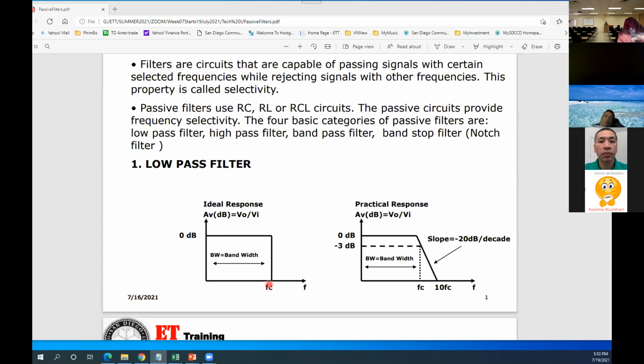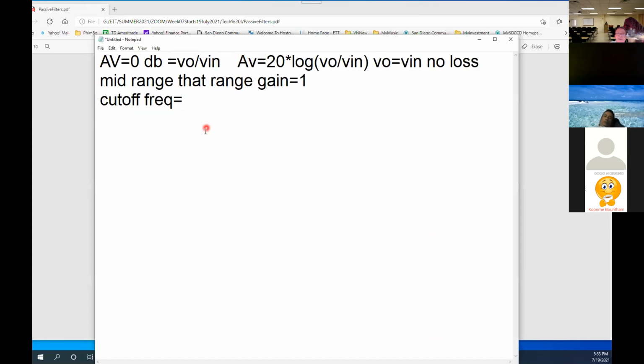Okay, you get cutoff, corner frequency. Also critical. The next one, critical frequency. I want to make sure of the next one.